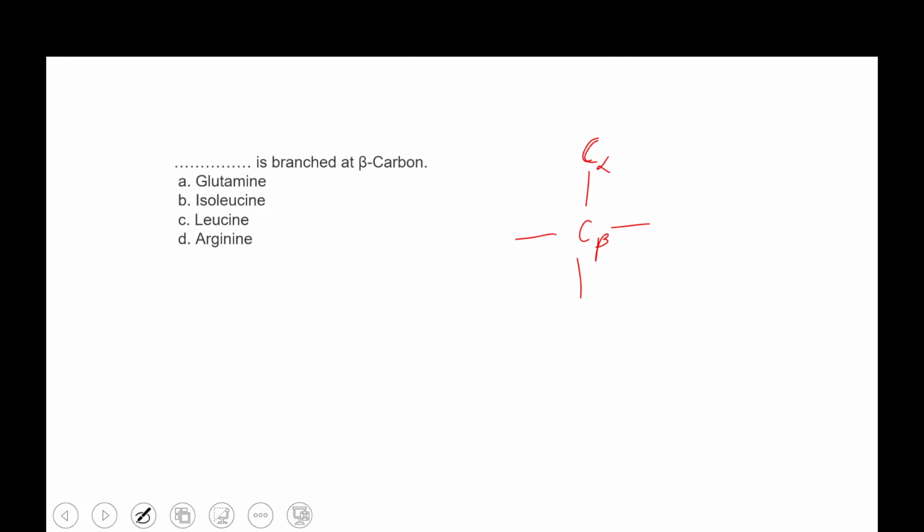So this alpha carbon we already know, except glycine all the amino acids are chiral in nature, and this particular amino acid has two chiral centers in its structure. That is what the branched is asked. So which amino acid is having dual chiral centers in its structure? Isoleucine. Yes, it will be isoleucine.